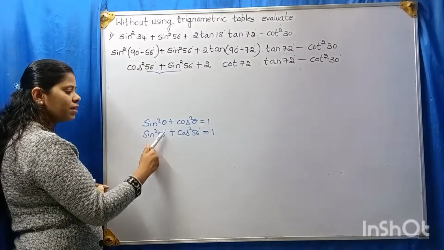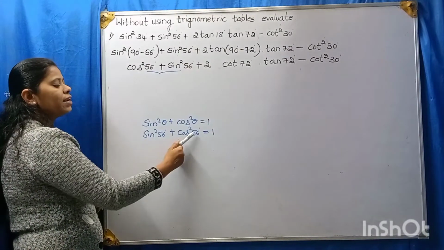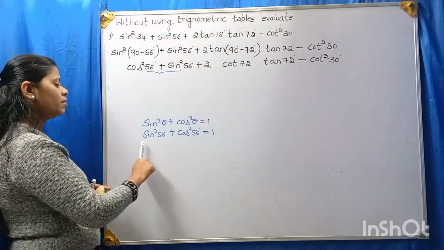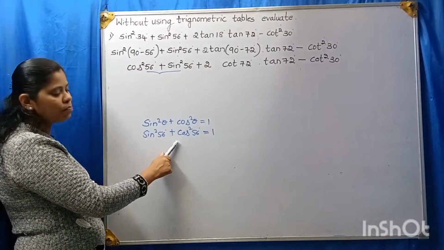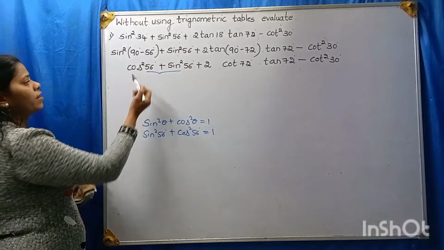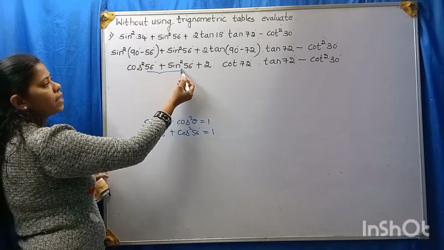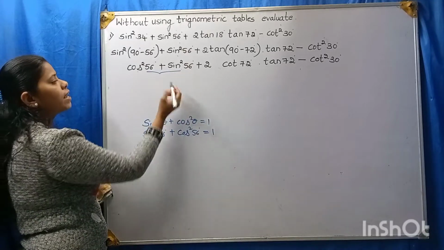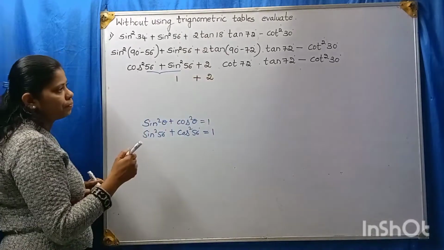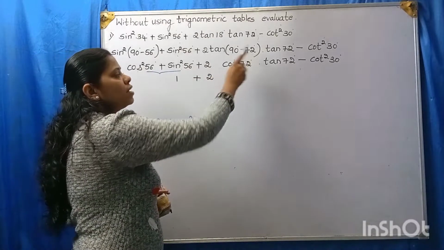Because in the place of theta we have 56 degree, means theta is the same. Therefore, sin square 56 degree plus cos square 56 degree is 1. So this cos square 56 degree plus sin square 56 degree, I will write it as 1 plus 2 into cot 72 degree.